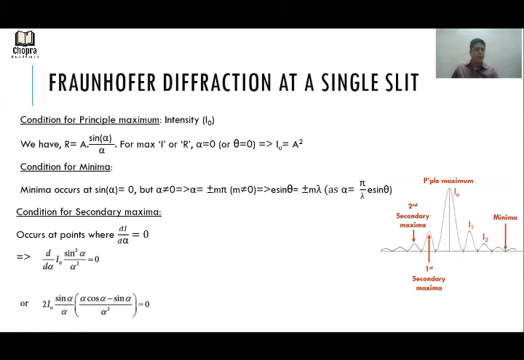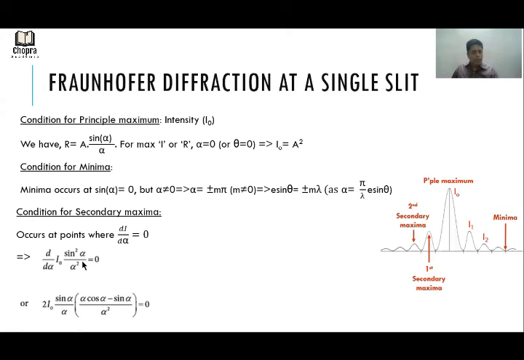Now, the most important point is to find the condition for secondary maxima, which constitute the intensities I1, I2, I3 and so on. Now, where does the secondary maxima point occur? It occurs at points where dI by d alpha is equal to 0. So this is the formula we have to use to derive the conditions. So we have d by d alpha of I naught sine square alpha by alpha square equal to 0, where I have substituted for a square to be I naught, because we know that by now.